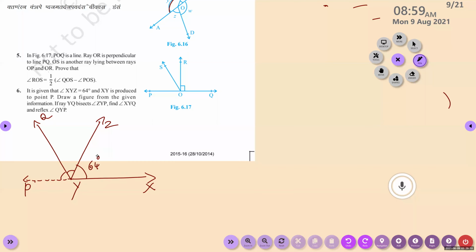XY produced to point P. XYZ is 64. Then YQ bisects ZYP. Find XYQ. All of you try.